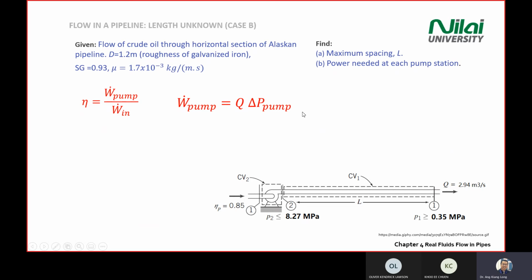You need this equation for your final exam. So your power of pump equal to Q, your volume flow rate, times the pressure difference. Just now you're able to find the pressure difference, right? So you're able to find the pump power over here.